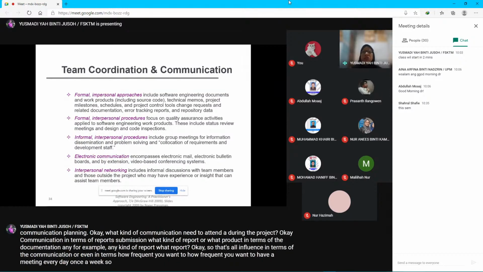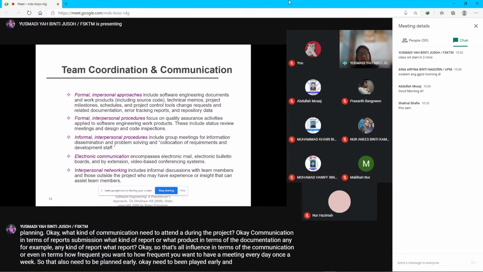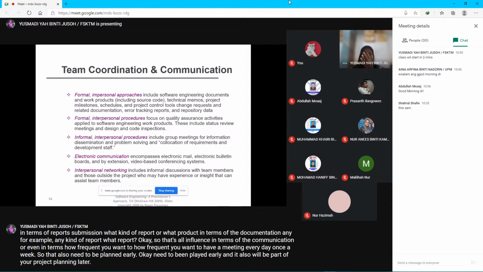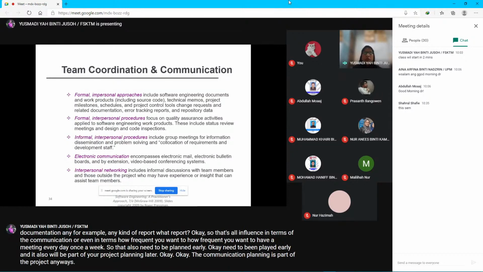That also needs to be planned early, and it will be part of your project planning later. Communication planning is part of the project planning as well, in the project management planning documentation.